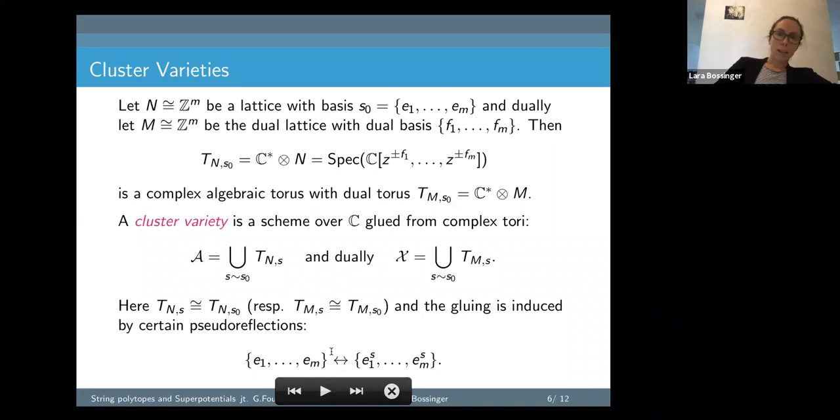And then these pseudo-reflections induce the gluing morphism between two copies of the torus. When I fix this on the basis e_1 to e_m for my lattice N, then the dual basis changes accordingly, and that fixes the gluing on the dual side of the picture.